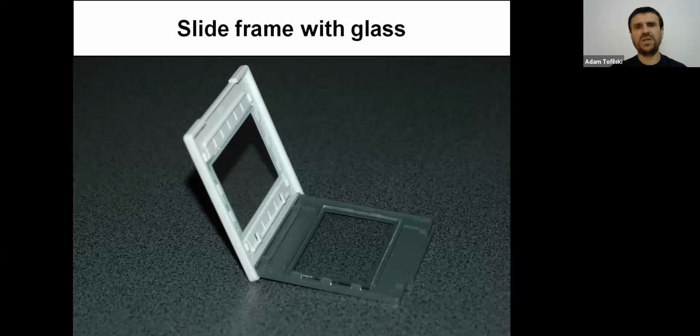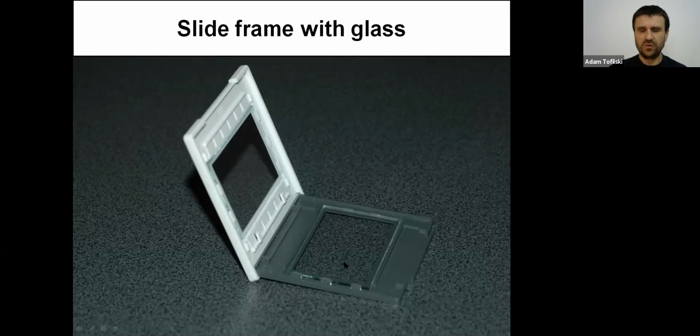I also would like to explain the old technology with slide frames. Most slide frames were used to mount diapositives, which were used in traditional photography. You cut the film and put it in a frame. Here you can see a more expensive frame with glass.